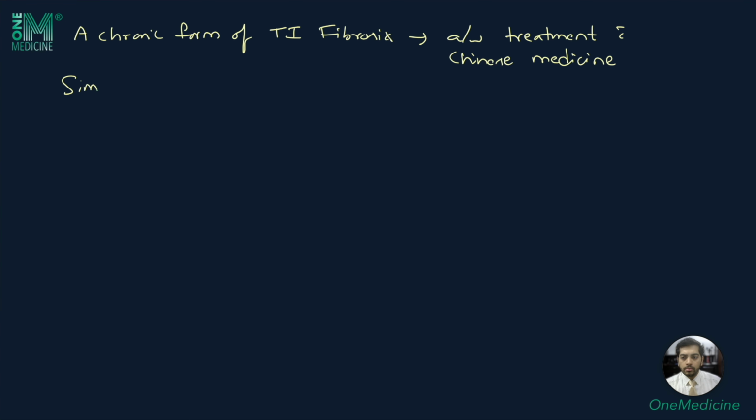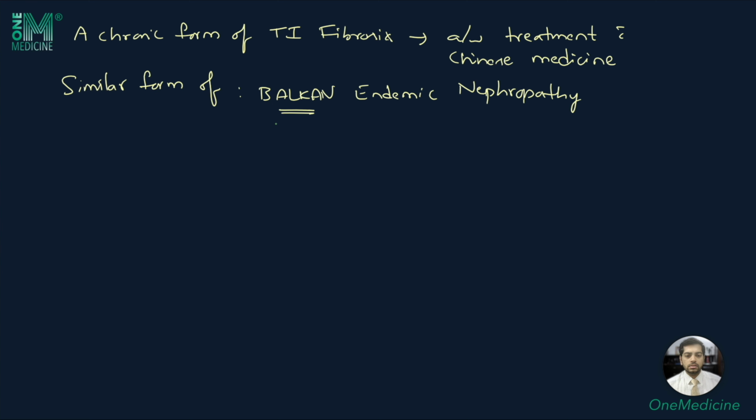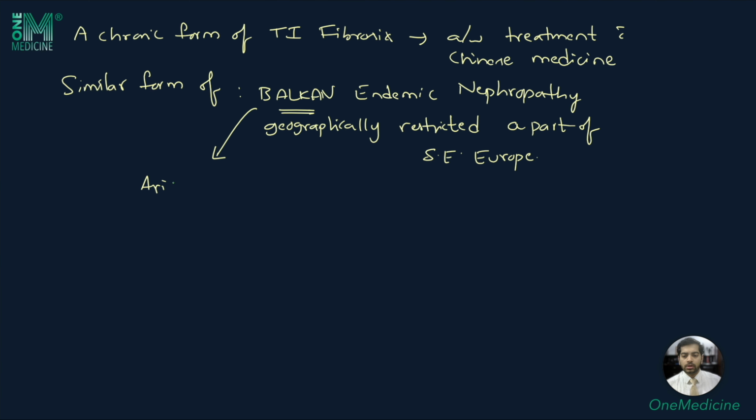A similar form of tubulointerstitial disease is seen in Balkan endemic nephropathy, that is geographically restricted to people living in a part of southeastern Europe. Balkan endemic nephropathy is thought to be caused by exposure to aristolochic acid or other plants which are endemic to the Balkan region.